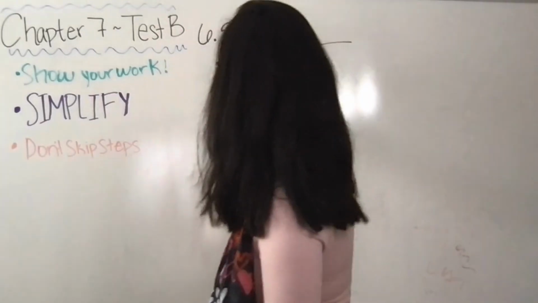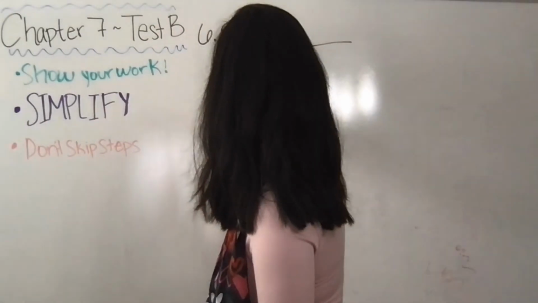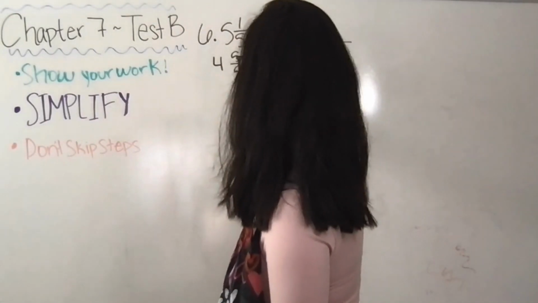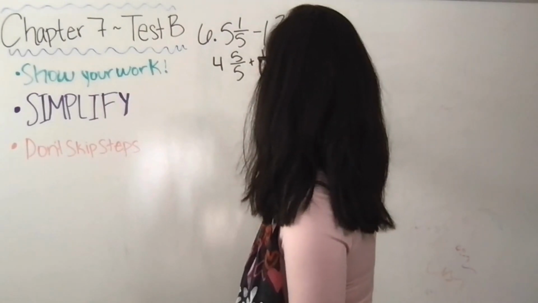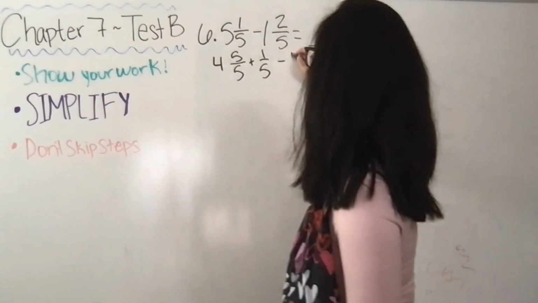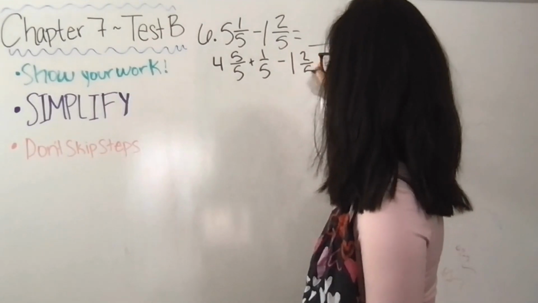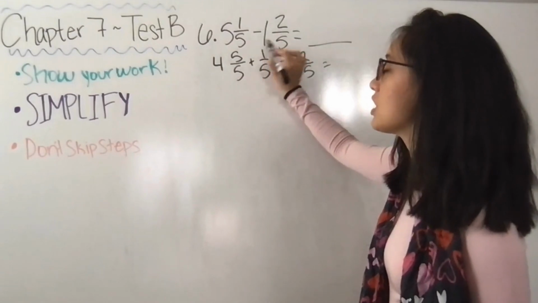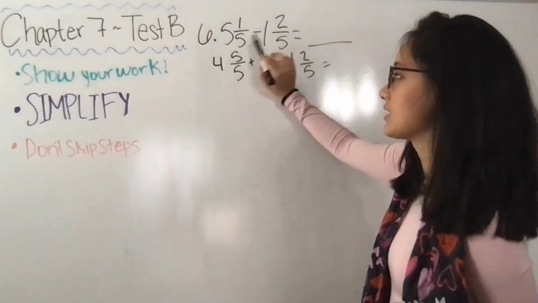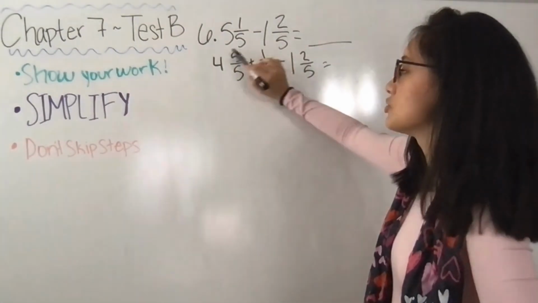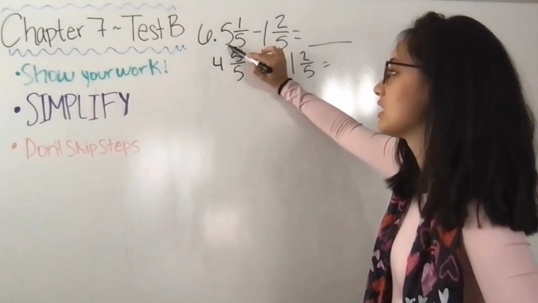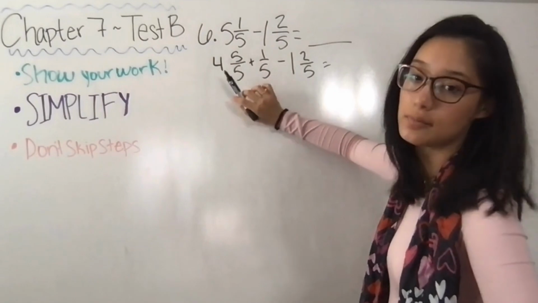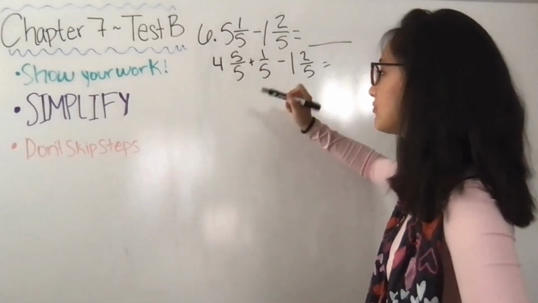So here you have 4 5/5 plus this 1/5 minus this 1 2/5. Because you have a common denominator, but you can't subtract this from that, so you have to make this 5 into this number, which is really just 5.